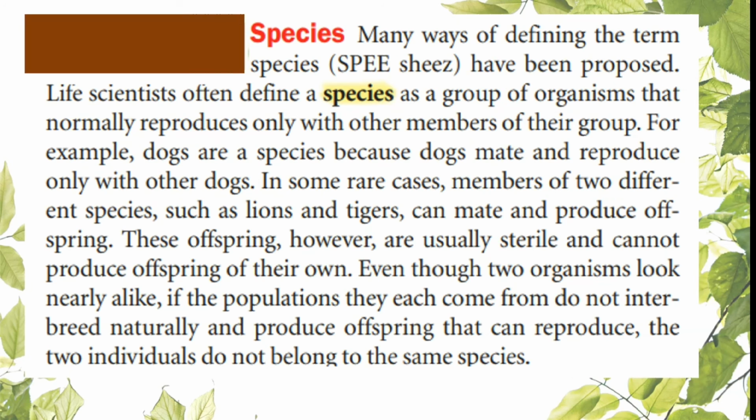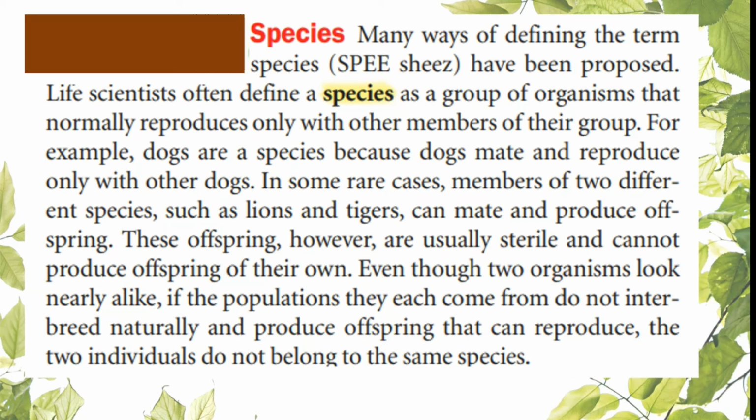Species. Many ways of defining the term species have been proposed. Life scientists often define a species as a group of organisms that normally reproduces only with other members of their group. For example, dogs are a species because dogs mate and reproduce only with other dogs. In some rare cases, members of two different species, such as lions and tigers, can mate and produce offspring.